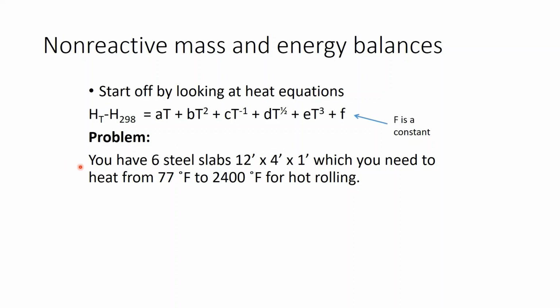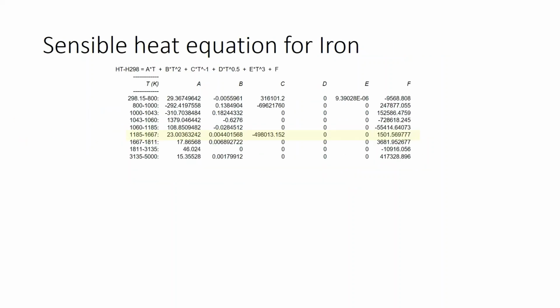We have 6 steel slabs that we want to preheat because we want to put them through a hot roller to roll them down. They're 12 foot by 4 foot by 1 foot, and we want to heat them up from 77 degrees Fahrenheit to 2400 degrees Fahrenheit for hot rolling.